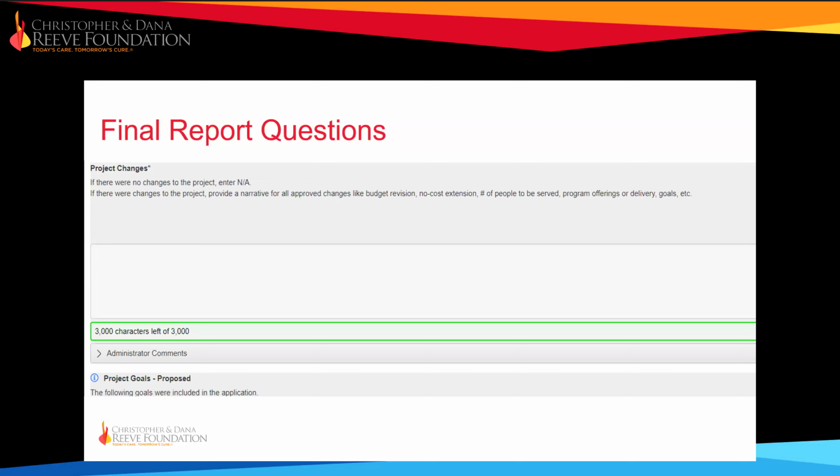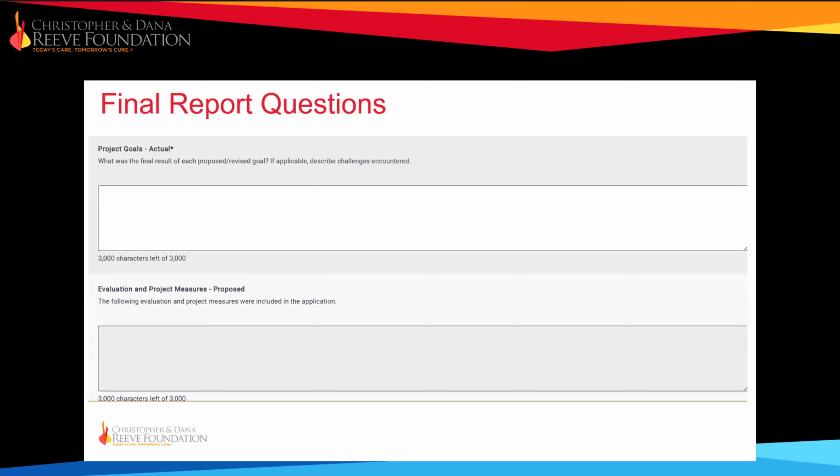Next item is project goals proposed. Everything that was proposed will be pre-filled from the original application, and your response would be relative to what was proposed. Okay, so project goals actual. This is where you want to report on what was accomplished in relation to all original and or revised goals.